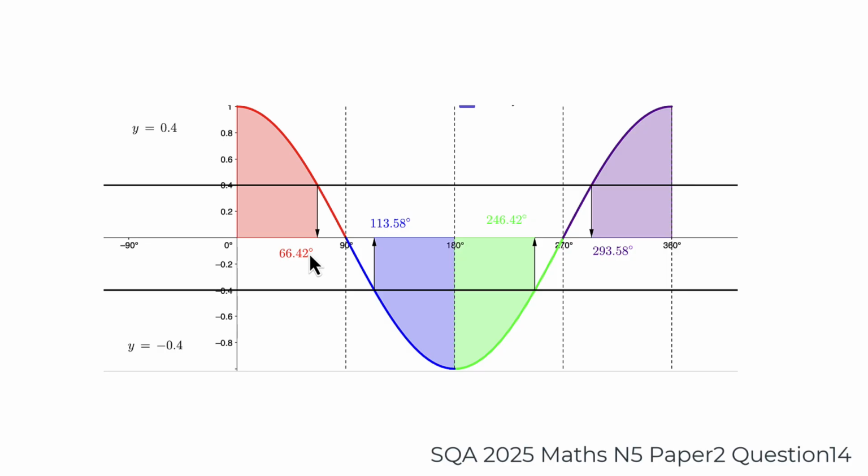Find that angle, and then to get the required second quadrant angle, take it away from 180. To get the required third quadrant angle, we'll add it to 180. So that's the strategy we'll use. Solve cos x equals 3/8 to get the first quadrant angle, and then for the solutions we want, take it away from 180 and add it to 180 to get the second and third quadrant negative 3/8 solutions.